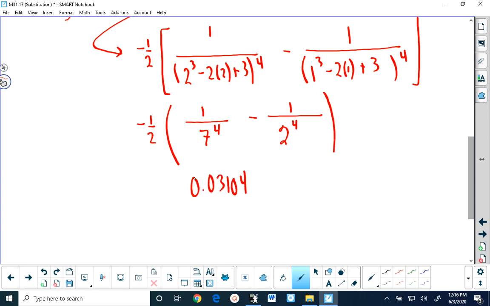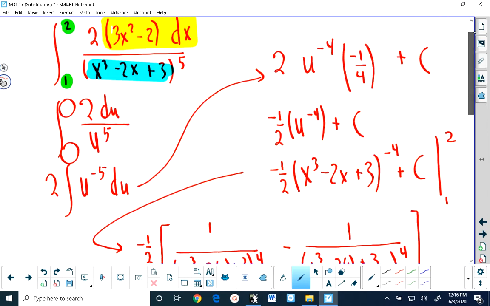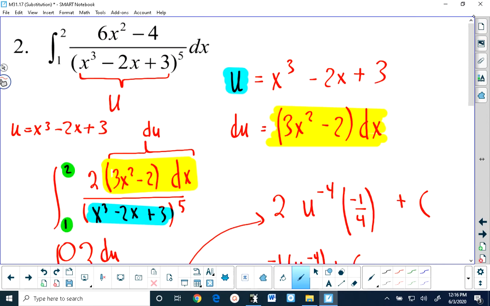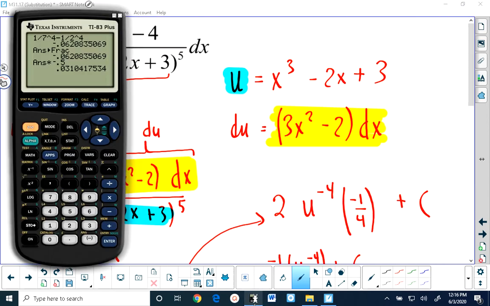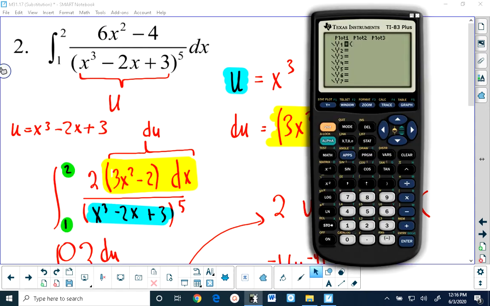We can check this on our calculator by graphing that function. Let's see, on the top we have 6x squared minus 4, divided by, on the bottom we have x cubed minus 2x plus 3, in brackets, raised to the 5.